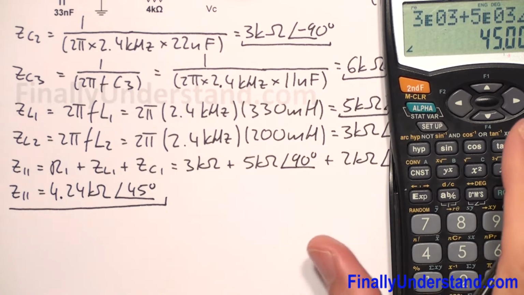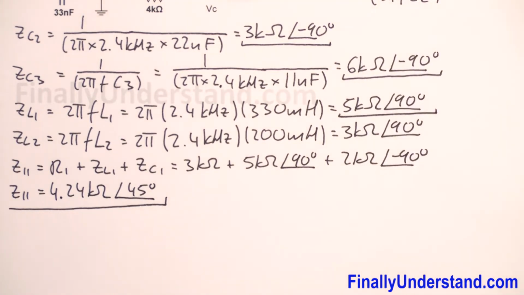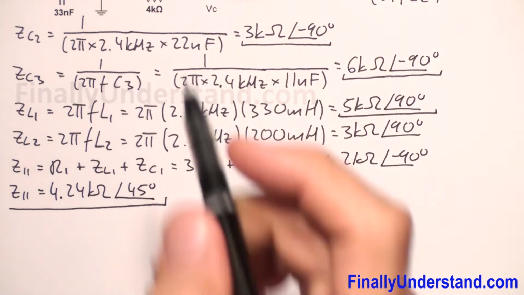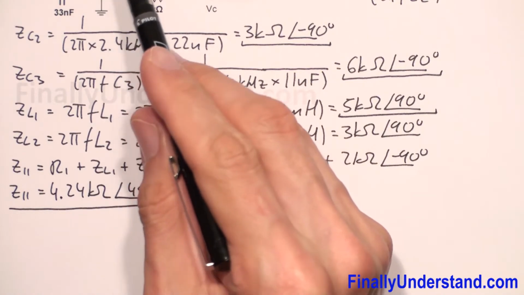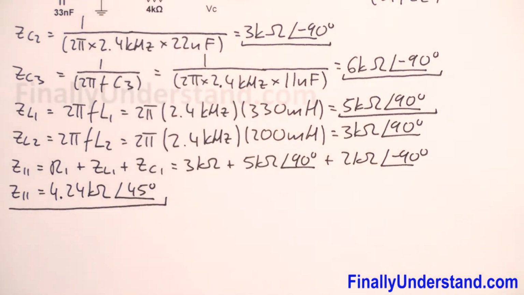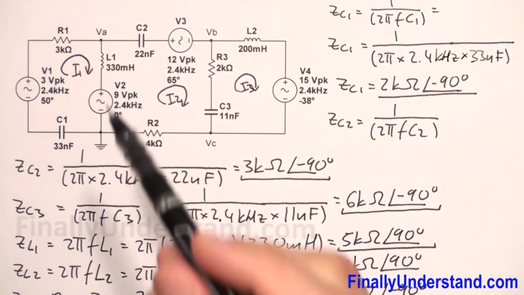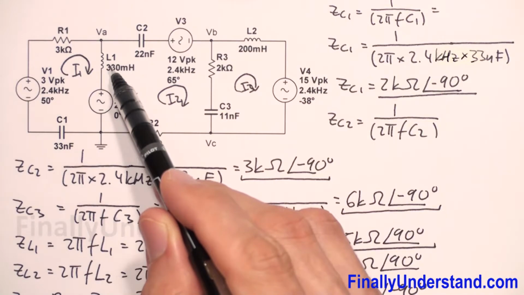Next, I'm supposed to find the impedance between loop 1 and 2, Z12 or Z21. So the impedance which is on the border, we can say, between loop 1 and loop 2 is nothing else, just my ZL1.